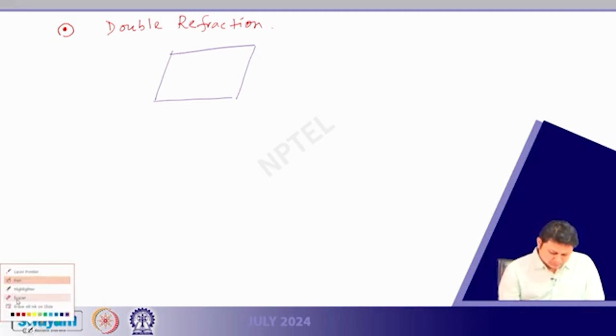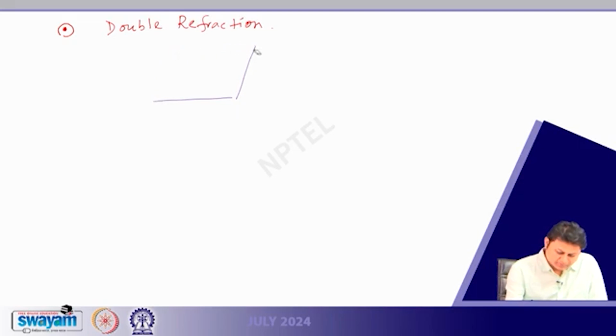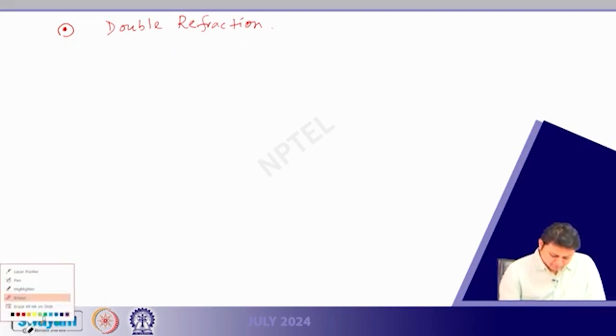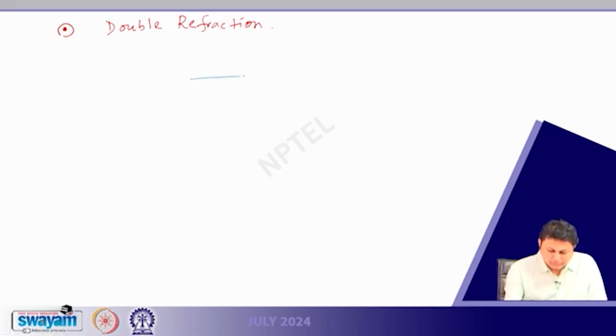Let me erase this part. Different color, maybe this blue looks bright. Yeah, so we have this point A, this point A prime, this point C, and this point C prime.